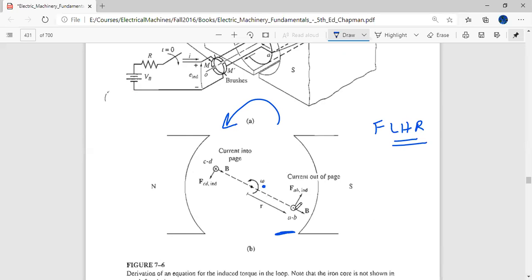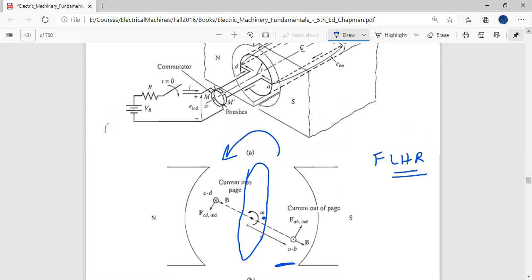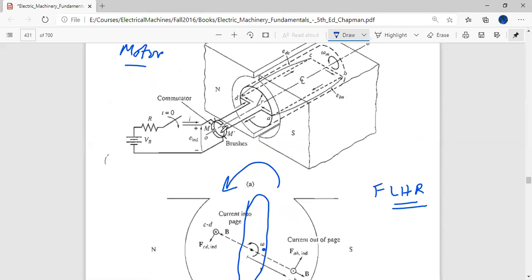Okay, so now you can easily see here that the direction of the current has to be reversed once the coil passes this vertical position in order to get a unidirectional torque. So you have to use this commutator that allows this side of the coil and this side of the coil to reverse their polarity once after every half cycle, so it keeps on getting a unidirectional torque.